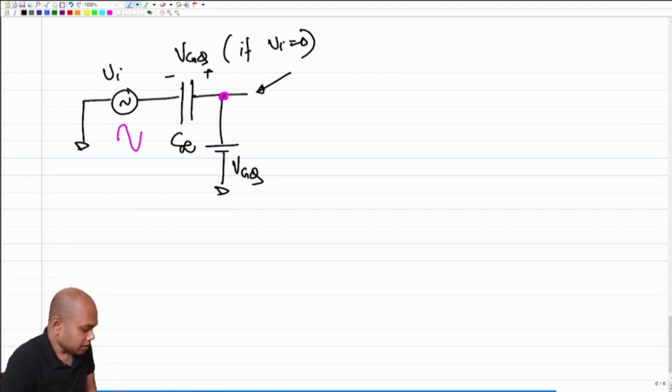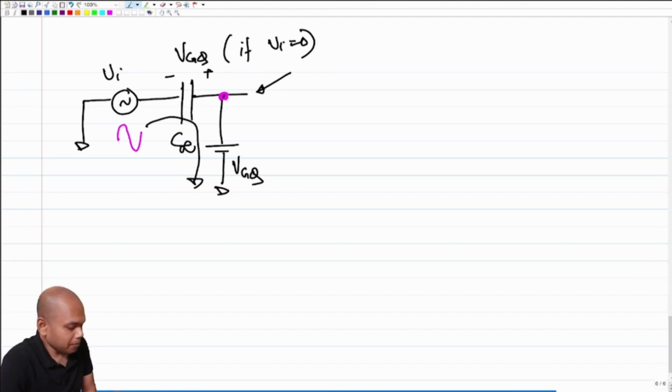And where will the incremental current that appears due to this Vi go? The incremental current, however large it might be, will go into this battery, right?